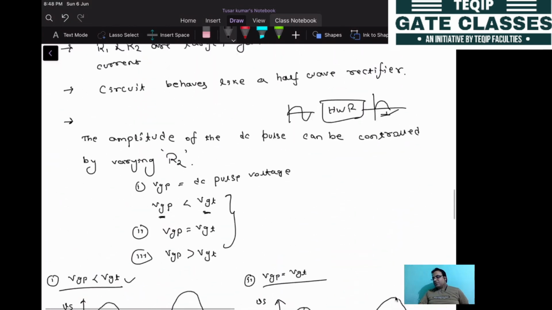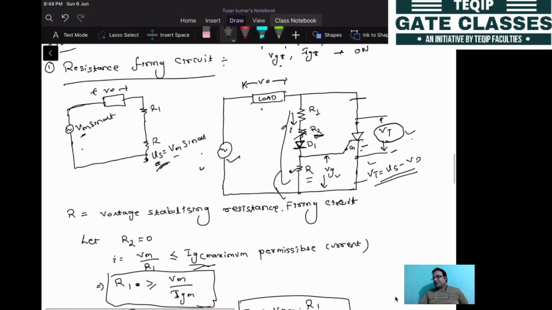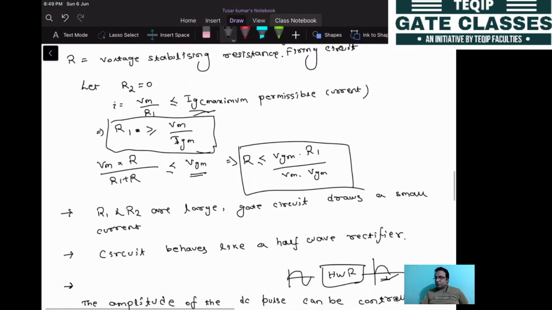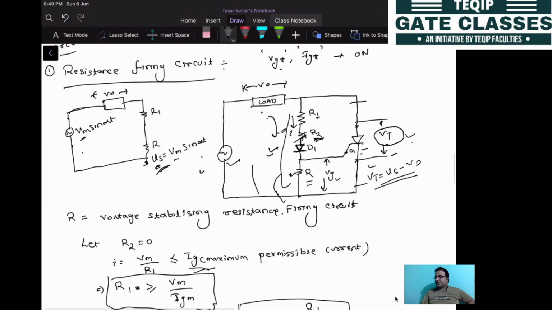Second thing is that if you see here, this gate firing circuit is continuously connected to the source. So what will happen? Continuously a power will be flowing through this one. So there will be a huge power loss occurring. That is one problem, because continuously the pulse will be applied to the device. Clear?